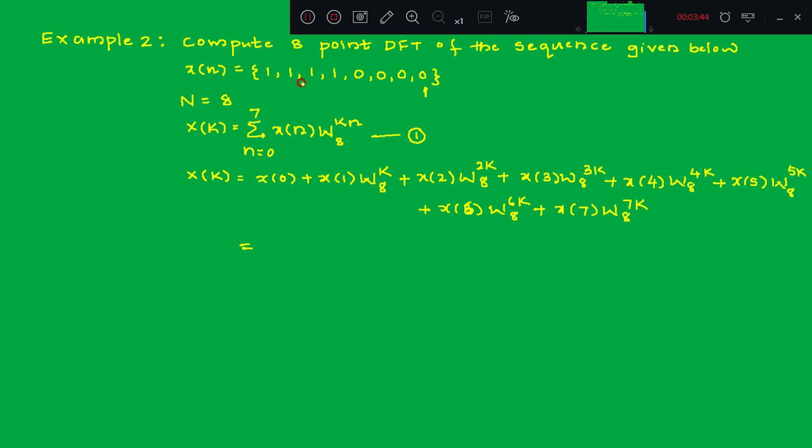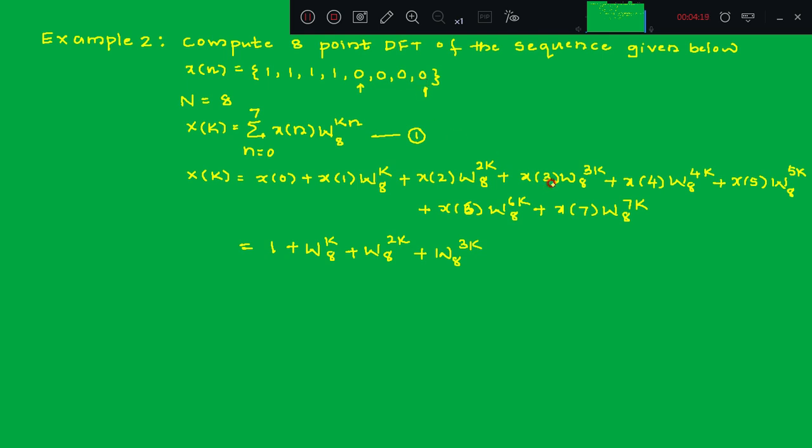Let us substitute these sample values here. x of 0 is 1, so I will write 1 here. x of 1 is also 1, so 1 into W8 raised to k, plus x of 2 is also 1, so W8 raised to 2k, plus 1 into W8 raised to 3k, right? And here x of 4 is 0, x of 5 is 0, x of 6 is 0, and x of 7 is 0.